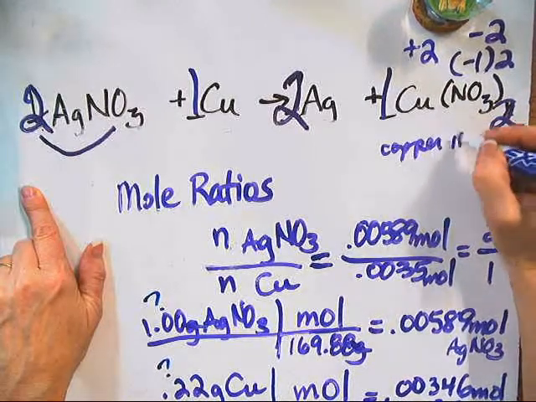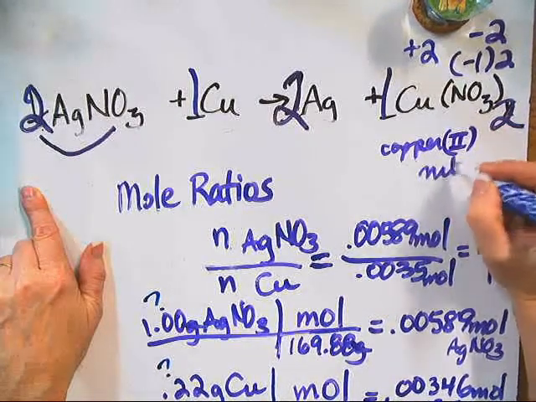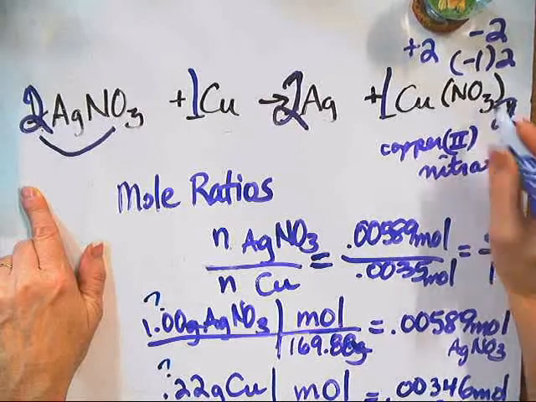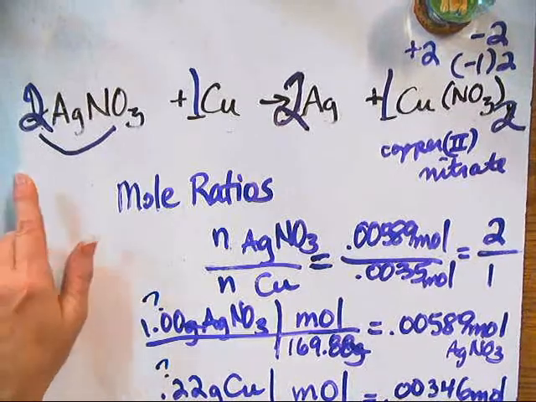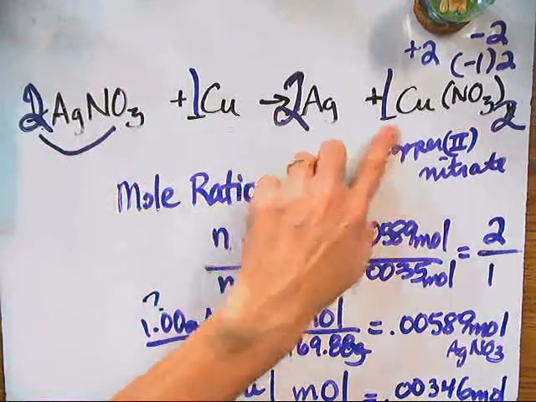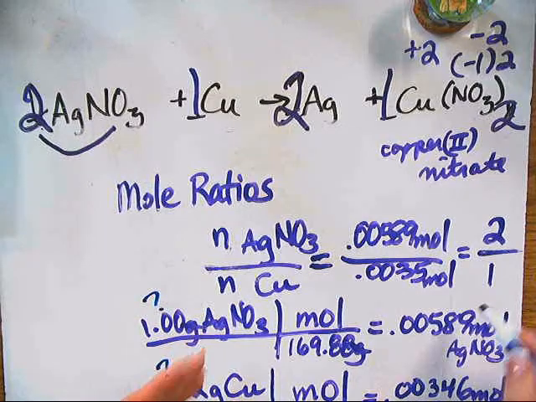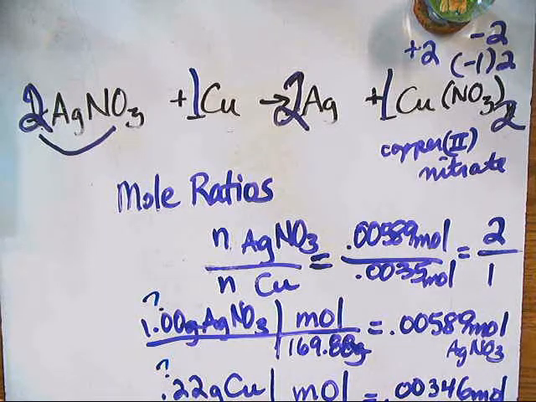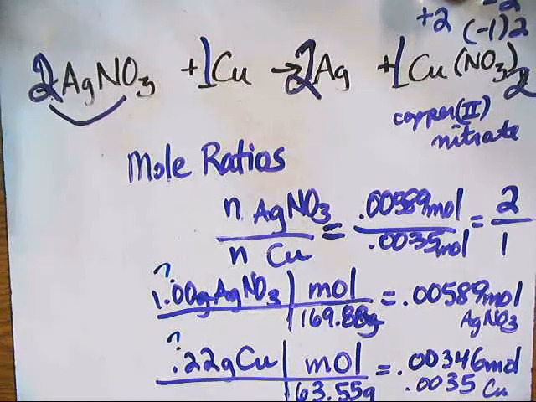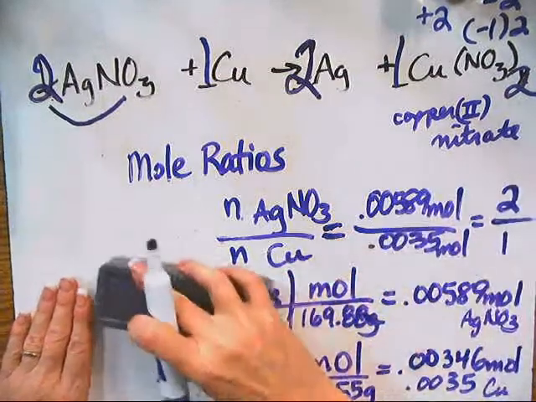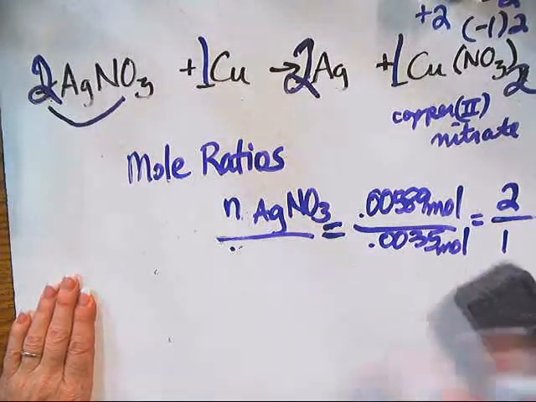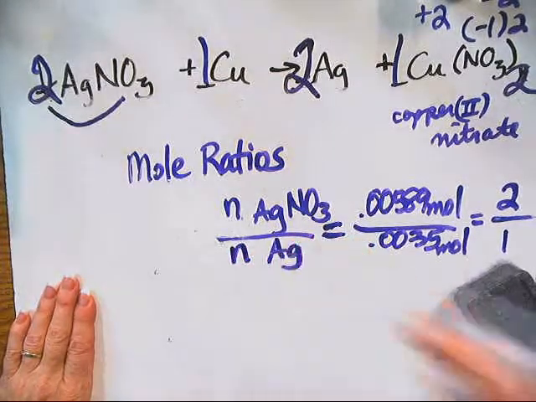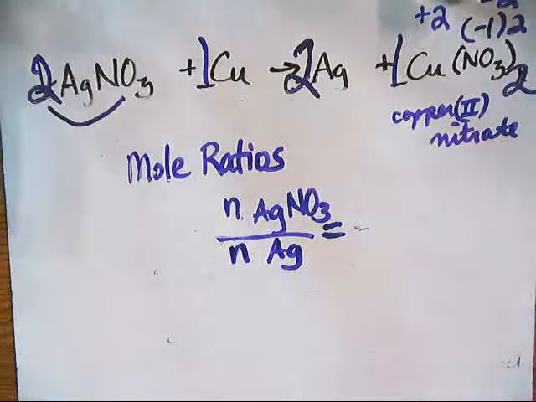So that means if copper bonded with 2 nitrates that are each a -1, that makes this half a -2, so that makes copper's half a +2. So this must have been copper 2 nitrate. Not because there are 2 nitrates, but because the copper was a 2+. It lost 2 electrons. So the 2 to 1 to 2 to 1 ratio.